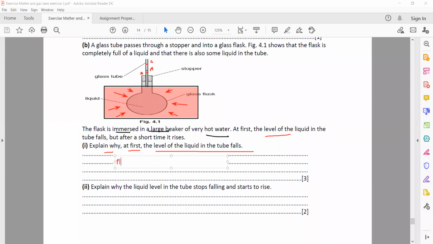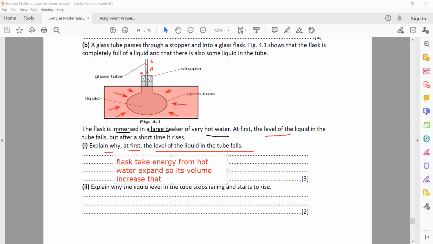So the flask absorbs energy from hot water, expands, so its volume increases.